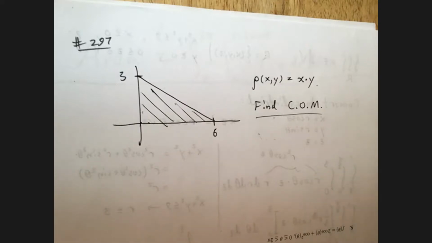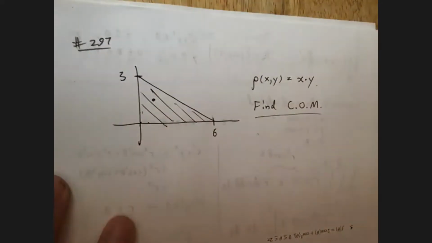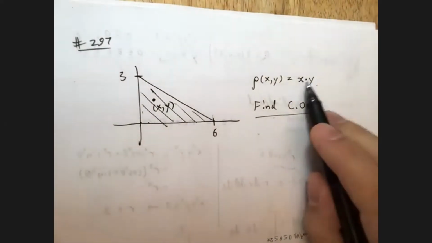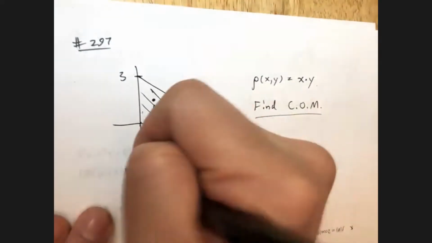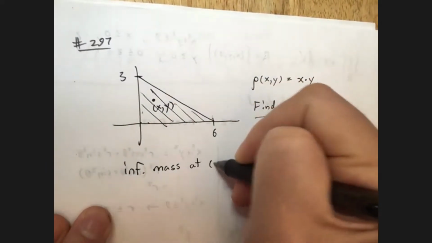Okay, so what we do is we take any point in here, some point (x, y). We know the density at that point, so we can find the infinitesimal mass at that point.